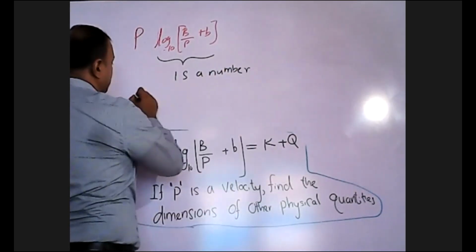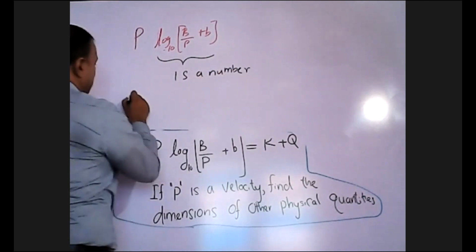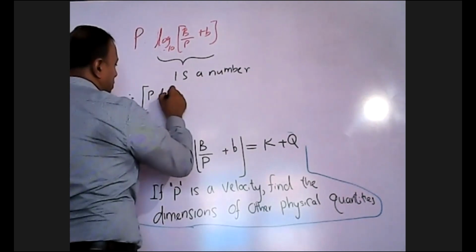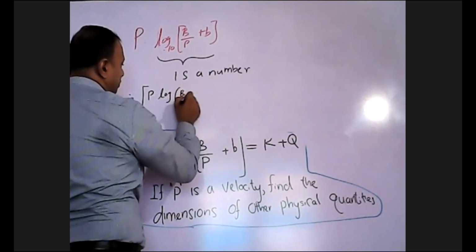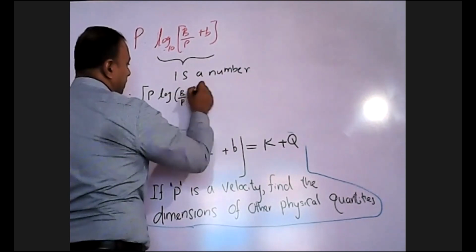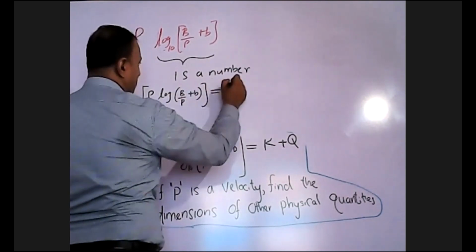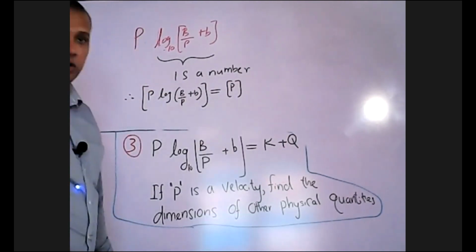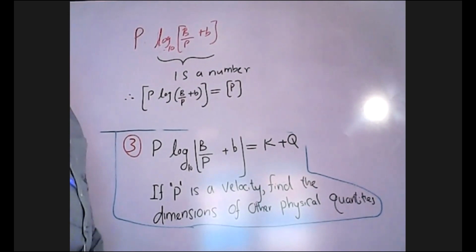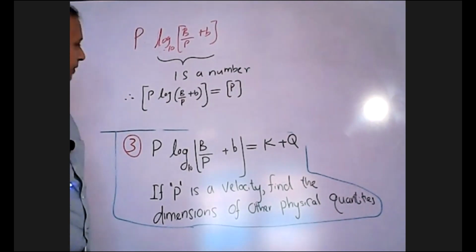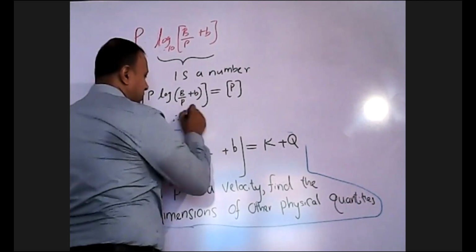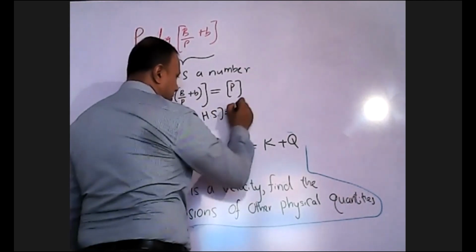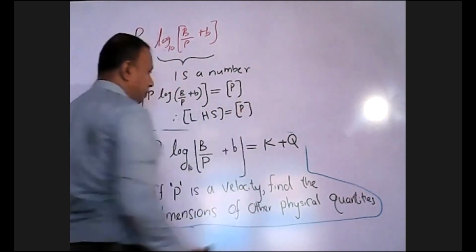Therefore, the dimension of P into log B over P plus B should be equal to the dimension of P. Therefore, the dimension of LHS is equal to the dimension of P.